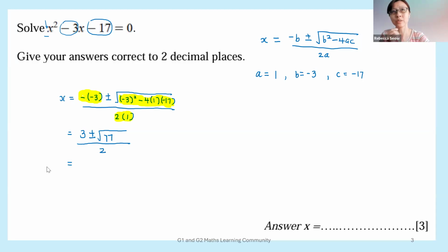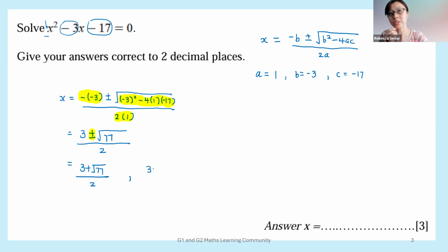Now, next, I will move on to solving it. And if you notice, over here, there is a plus minus sign. So this means that when I work this question out, my first solution would be to press the addition sign, which is found on top, within the calculator. This will give me the first solution.